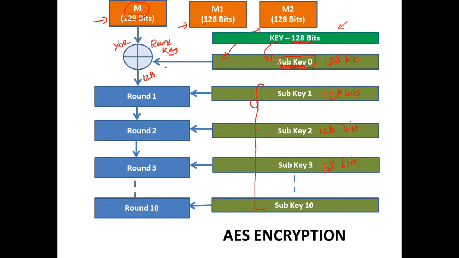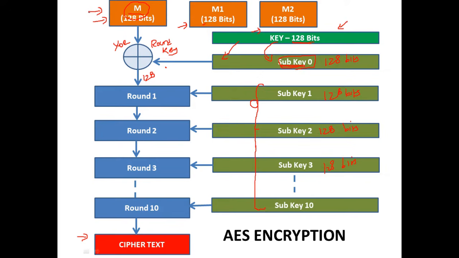As I told you in the very first slide, if you take a key size of 128 bits, the number of rounds that we have to use is 10 rounds. So round 10 will be making use of subkey 10, and finally the output of round 10 will be our ciphertext block. So this ciphertext corresponds to the 128-bit message block that we have taken.